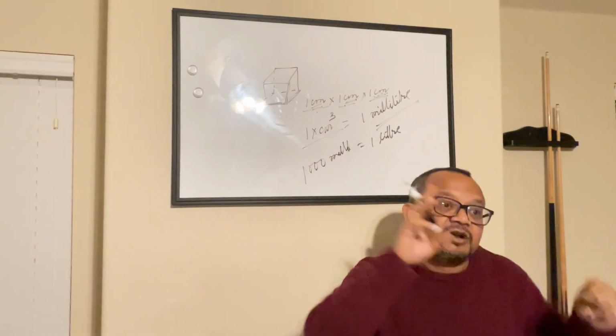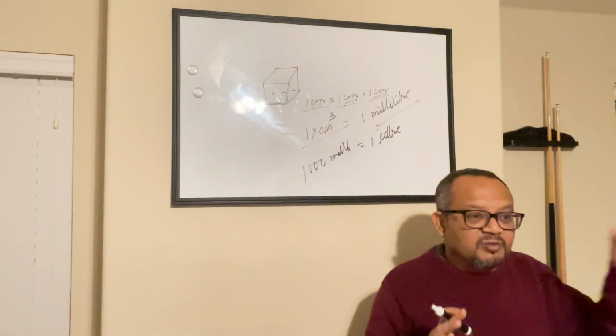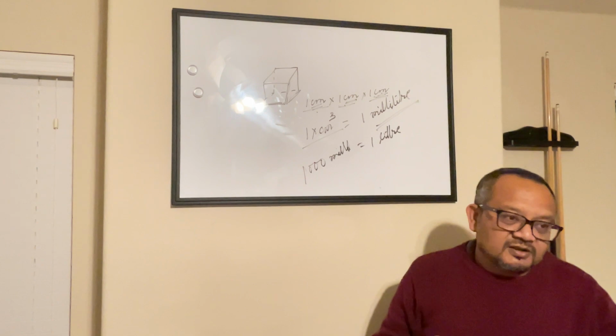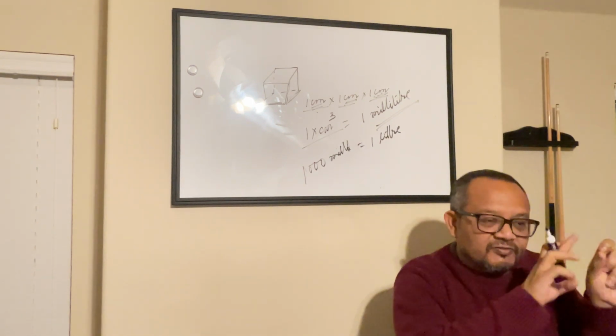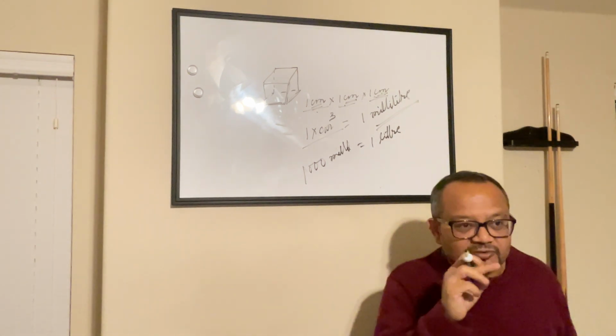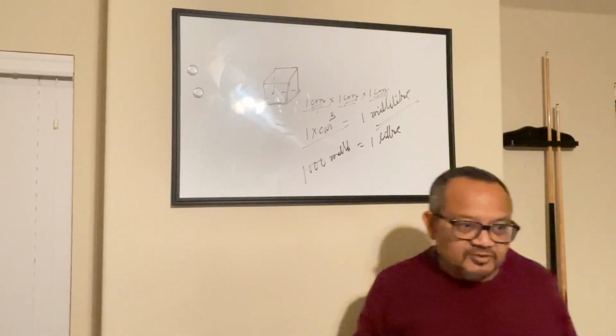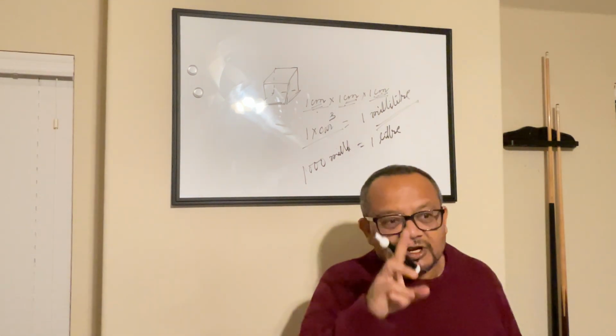So multiplying 1000 with a milli takes the milli out. It becomes meter. 1000 milliliters is equal to 1 liter.